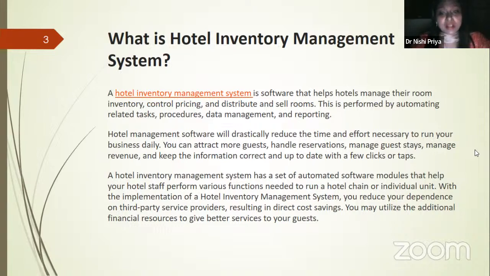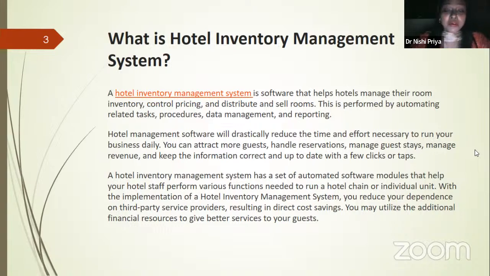So you can have cost saving options too when you have a hotel room inventory management system established in your hotel. You may utilize the additional financial resources to give better service to the guest.